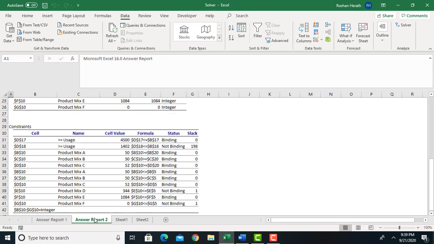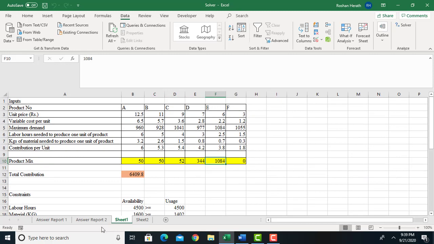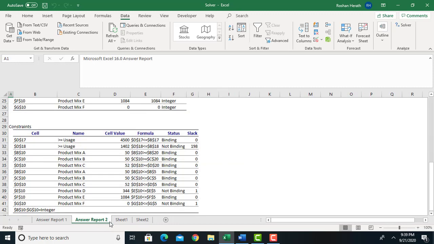You can see that you have produced that to the fullest. So therefore the maximum demand would serve as a kind of constraint. And yeah, so that's it.